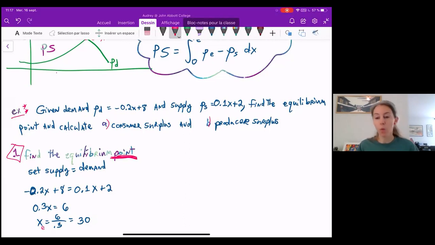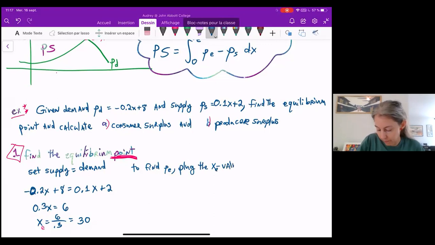So to find the y value, I can plug that x value back in to either function. So to find my P sub E, we can plug the x value back in to either function.